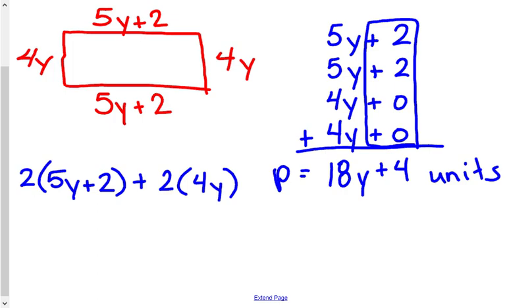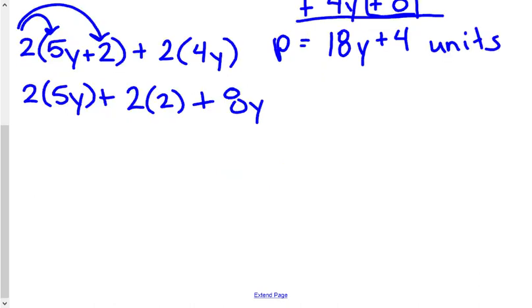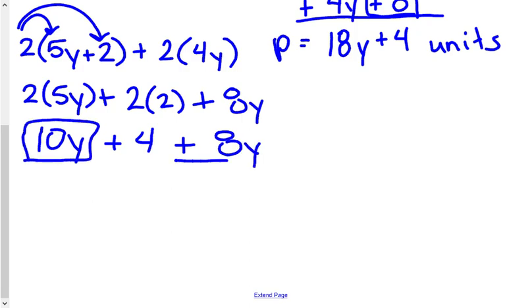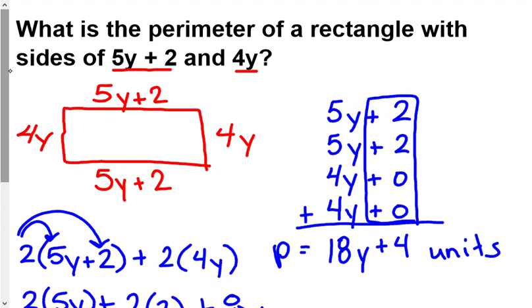But if you do that, you're going to get 2 times 5y plus 2 times 2 plus 2 times 4y is 8y, which would give you 10y plus 4 plus 8y. 10y plus 8y is 18y plus 4. So either way, I get the same answer. My perimeter is 18y plus 4 units.